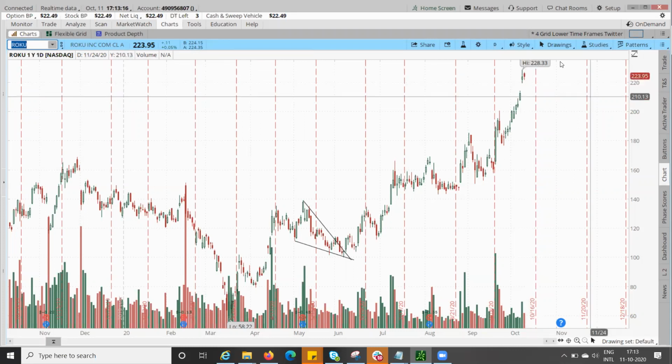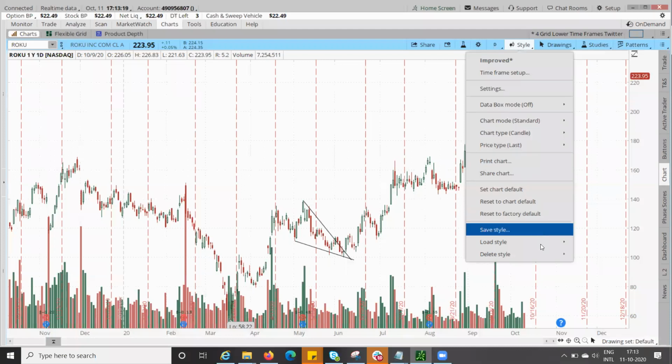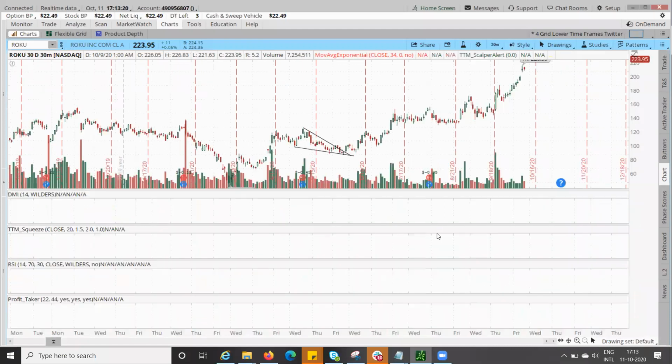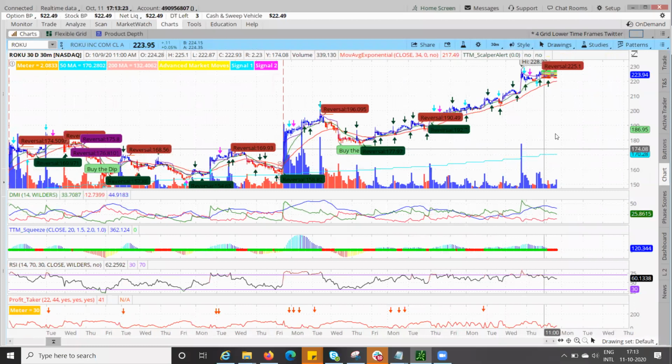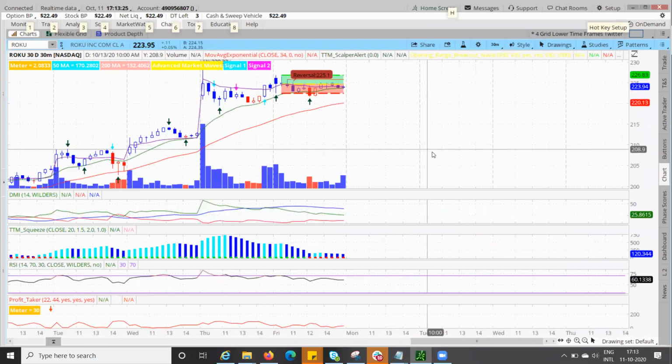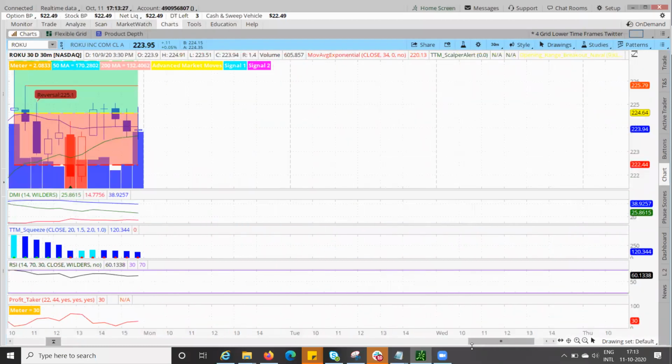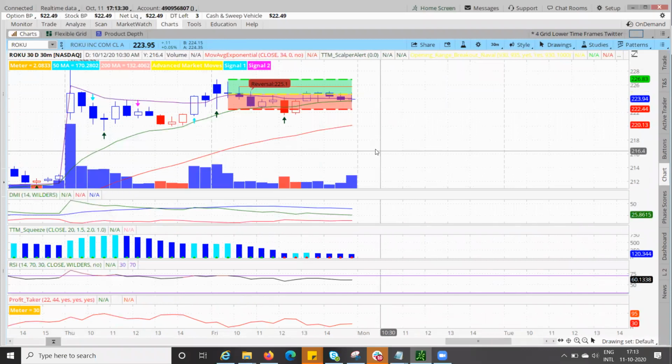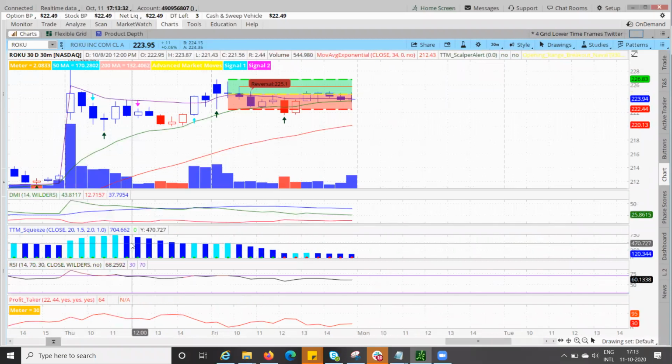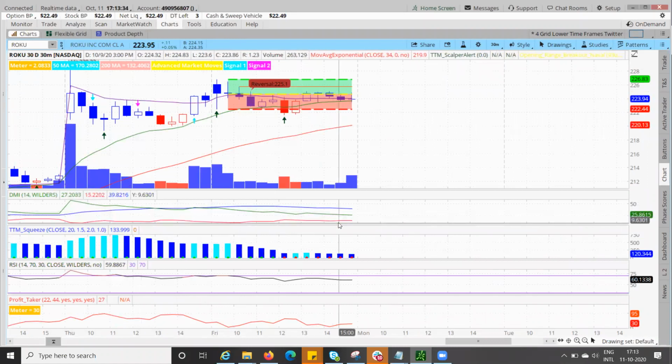Now, let me go and check this on my normal chart. Right here, the negative strength is very, very weak. The positive strength has also consolidated, but it is still there.